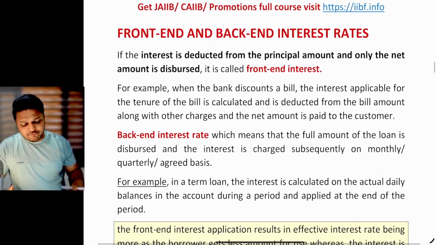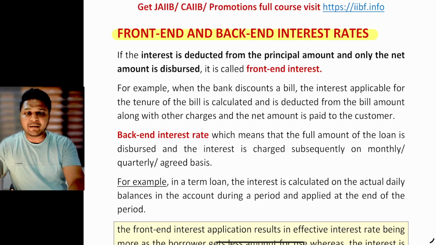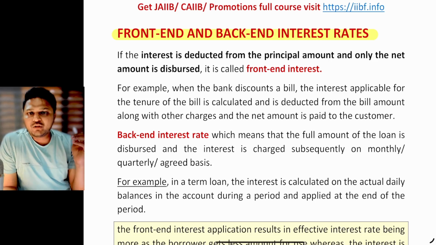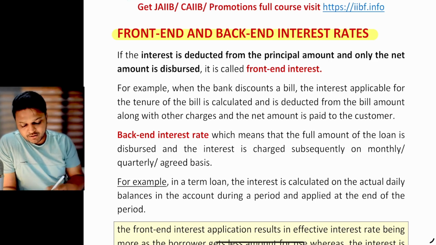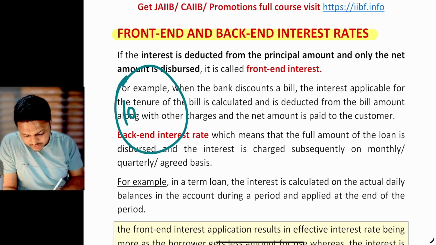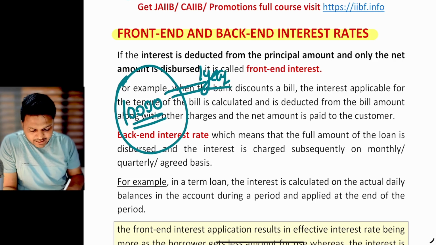After that, it's related to the front end and the back end interest rates. Now let's learn this particular concept of the front end and the back end interest rates. In the case of the front end interest rate, when the amount is disbursed, let's say you took a loan amount of rupees 10,000, right? And you borrowed it for a period of 1 year at the rate of 10%.